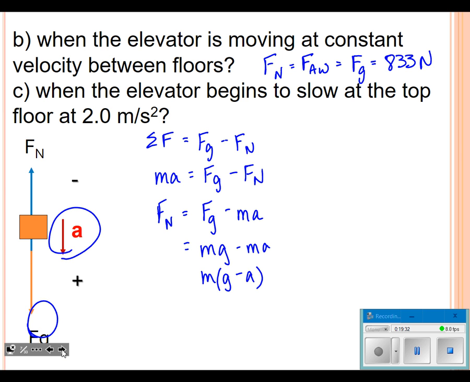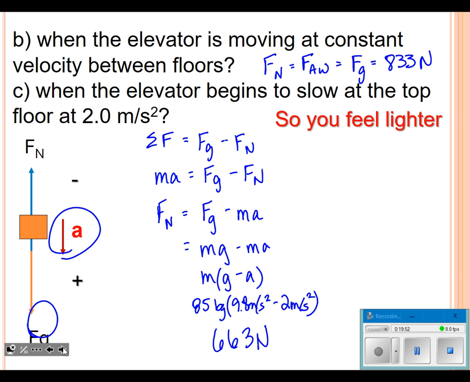So that would tell me 85 kilograms times 9.8 meters per second squared minus 2 meters per second squared, which would then be a value of 663 newtons.